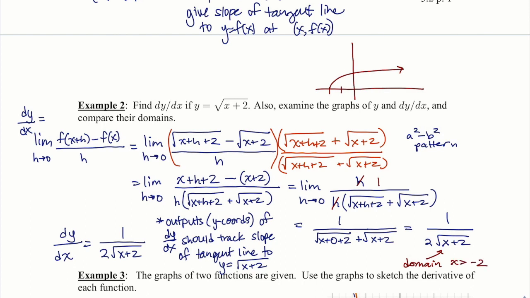So the domain for that is simply x is greater than negative 2. And what's going on right at negative 2 is what we would call a vertical tangent line. Not an asymptote, but a spot where the tangent line itself is getting steeper and steeper and steeper to the point of being vertical as we approach negative 2.